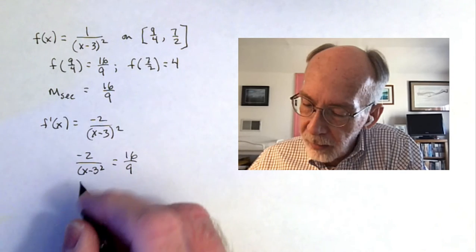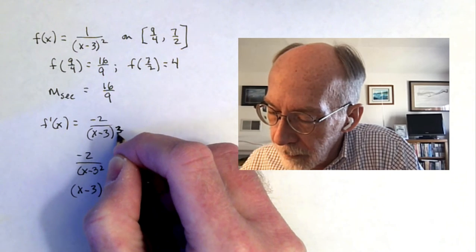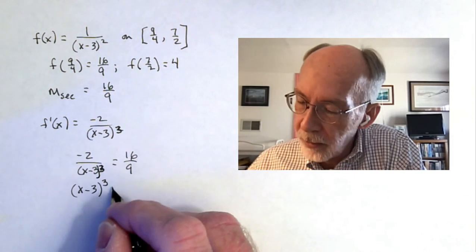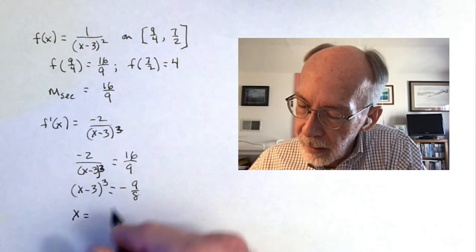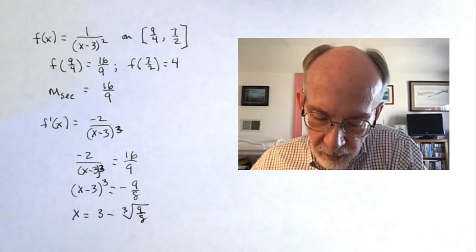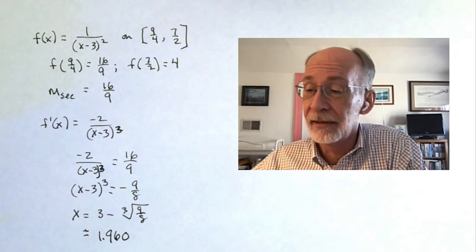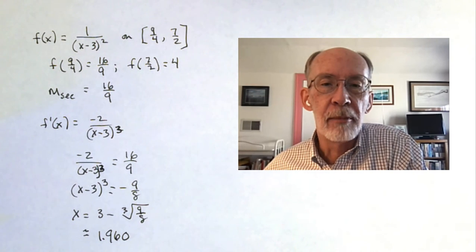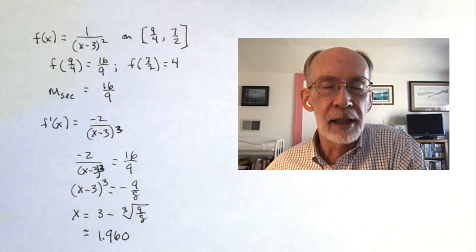Which means we would need (x minus 3) cubed to be equal to -9/8, which means x would be 3 minus the cube root of 9/8. And that is approximately 1.960. And that is not in the open interval 9/4 to 7/2. So one of the hypotheses of the theorem was not satisfied, and the result does not obtain.